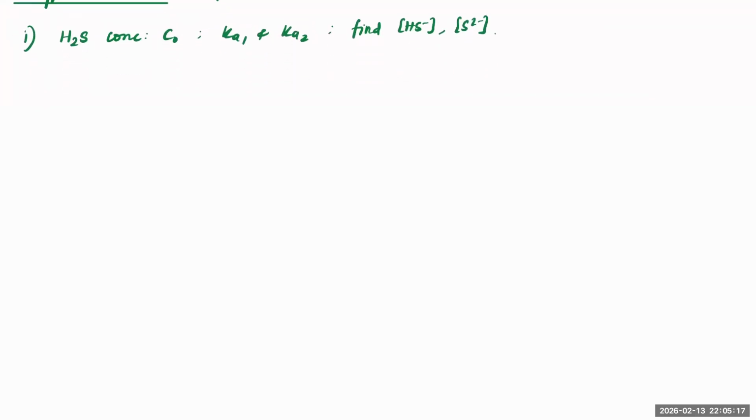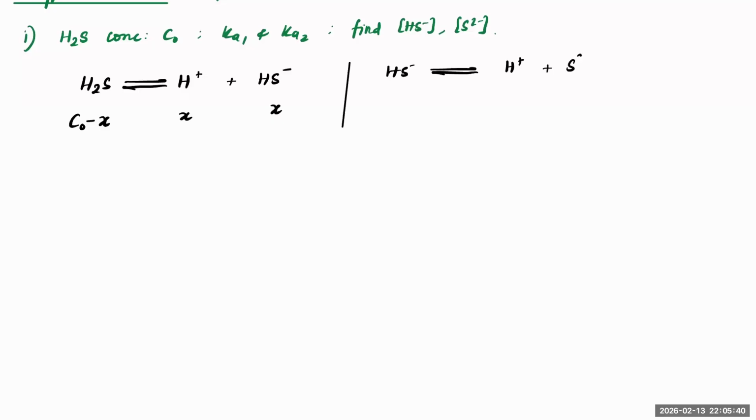Very straightforward question. So in this case, what do we do? We have H2S ionizing as H plus and HS minus. You write it like this: C naught minus X, X and X. On the other hand, HS minus is also ionizing to give H plus and S2 minus.